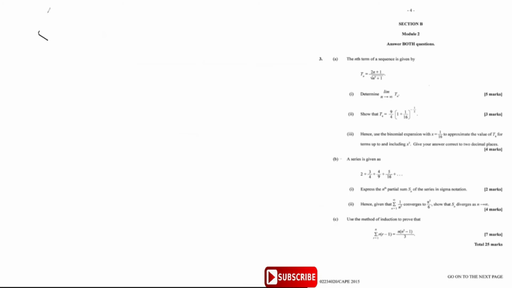Use mathematical induction to show that the sum from r equal 1 to n of r into r minus 1 is equal to n into n squared minus 1 over 3. All right, that's what we're going to do.